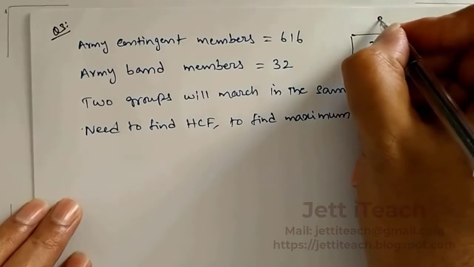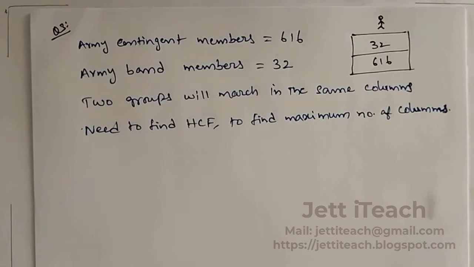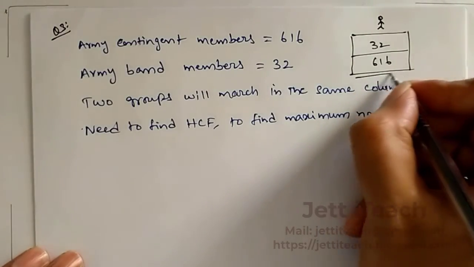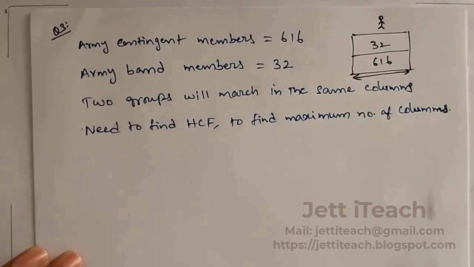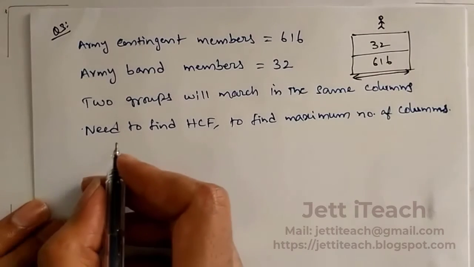If you look from here, there should be order. So everyone is aware that army march will happen in the same number of columns. We need to find out how many columns. First you will find HCF, then you will come to know why you need to find HCF.